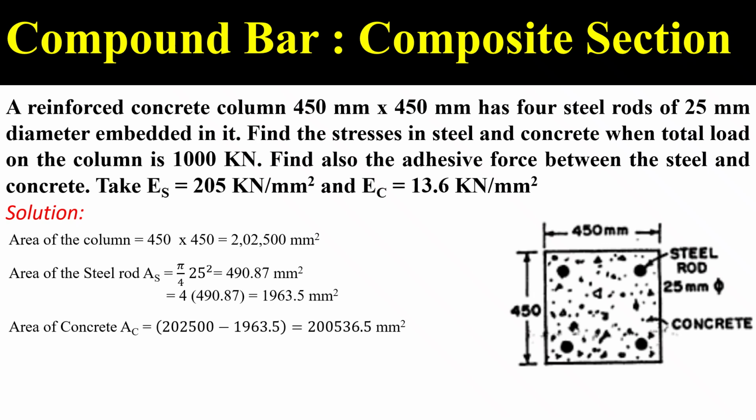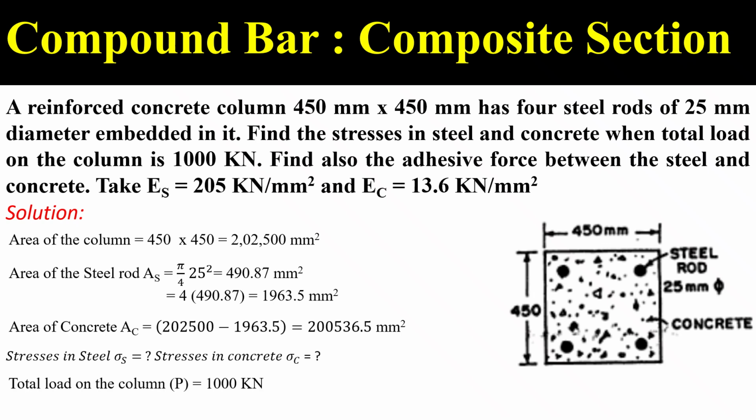Next we have to find the stresses in steel and concrete when the total load on the column is 1000 kilonewtons. Here it is given the total load on the column, capital P, equal to 1000 kilonewtons.